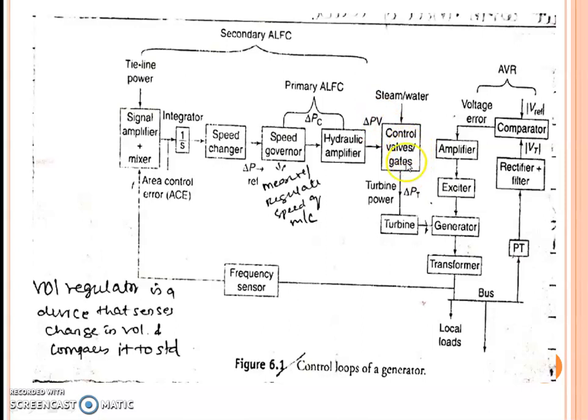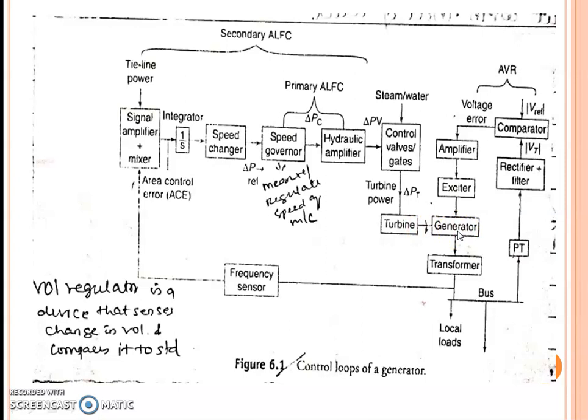The control valves or the gate will modify or control the steam or water pressure we are getting, and the output is given to the turbine. The turbine rotates and is coupled to the generator, and we get the generation of power.